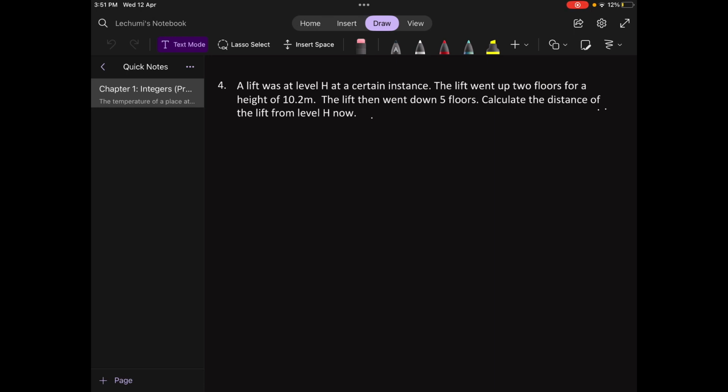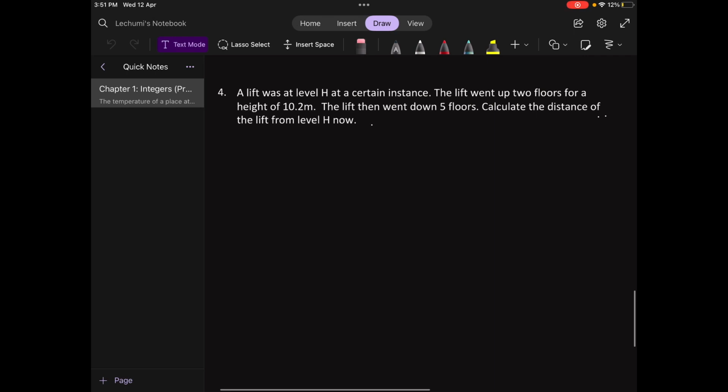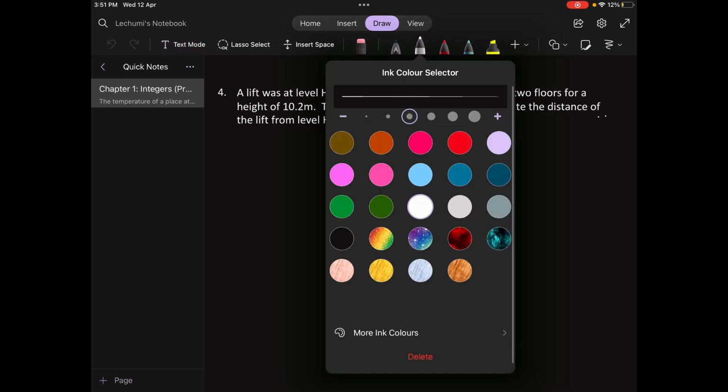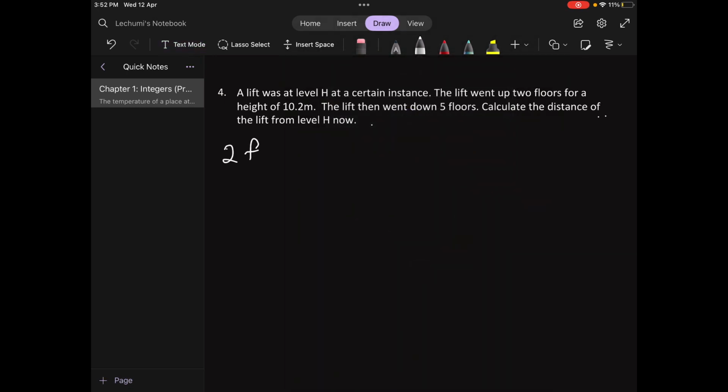We are getting important information from the question. Two floors, we see 10.2 meters. And then for a single floor, what we have to do is divide by 2. So here the same, divided by 2. We get 5.1 meters. And then the lift went down 5 floors.